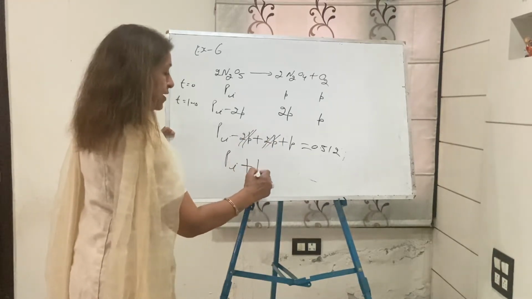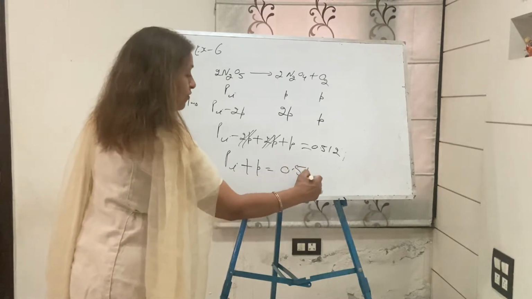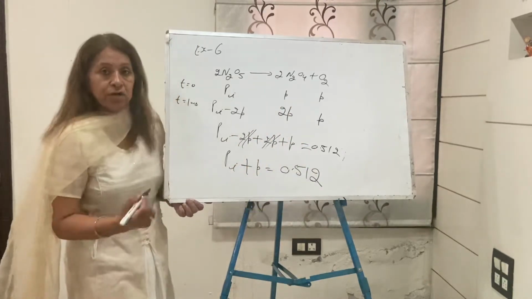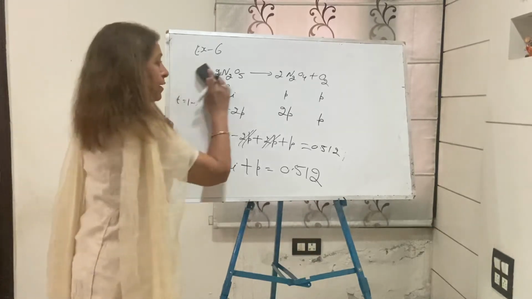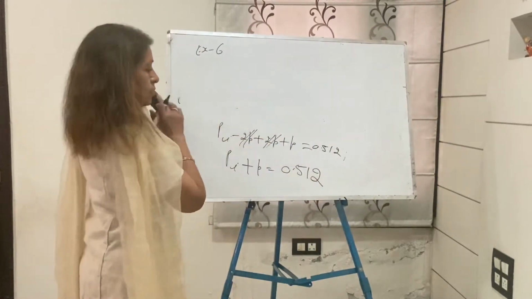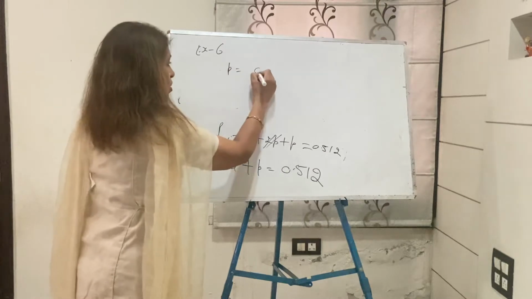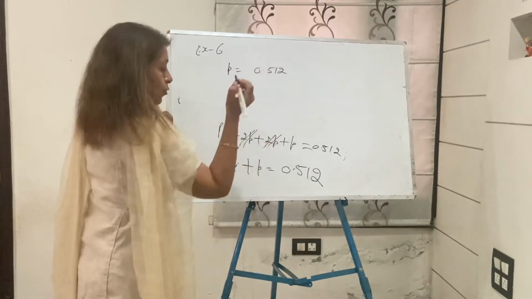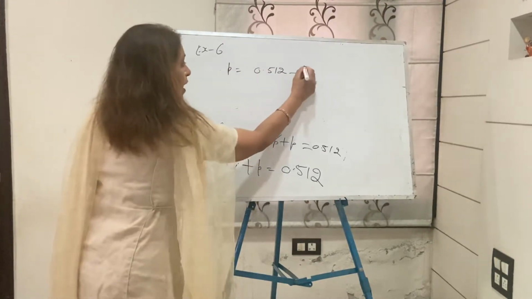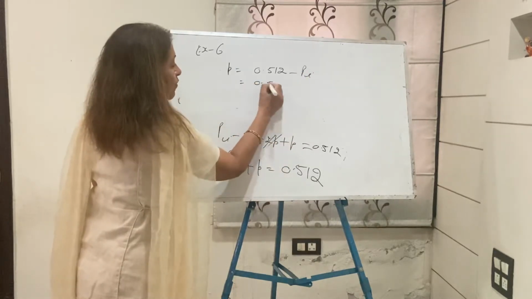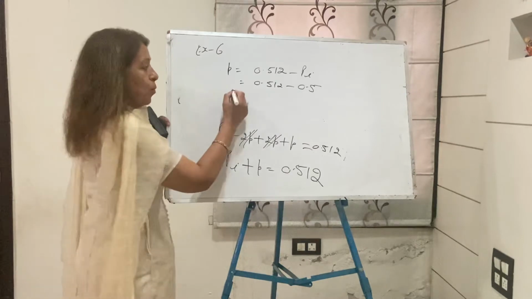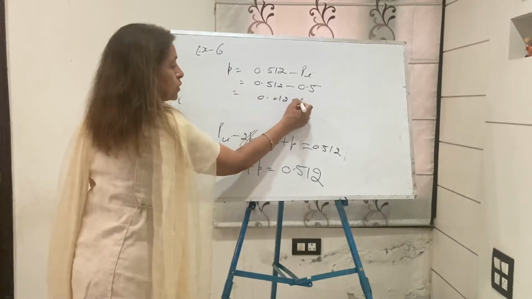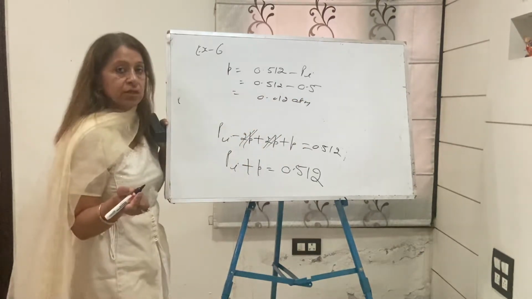Your answer will come Pi plus p is equal to 0.512. Calculate small letter p: p is equal to 0.512 minus Pi, that is 0.512 minus 0.5, which is 0.012 atmosphere. I think it's clear now.